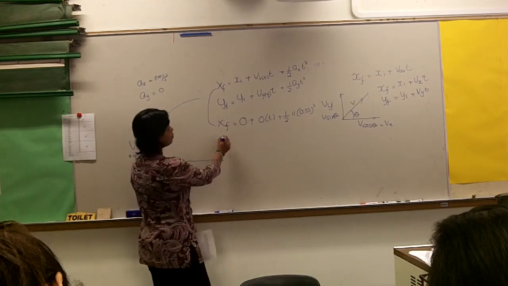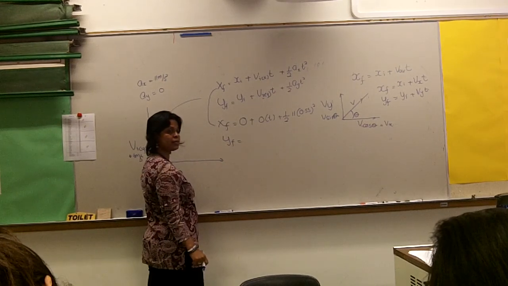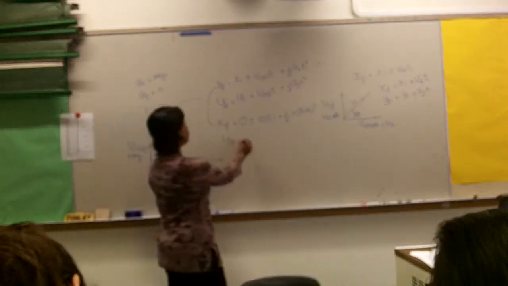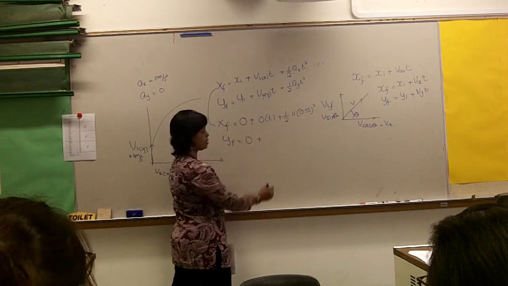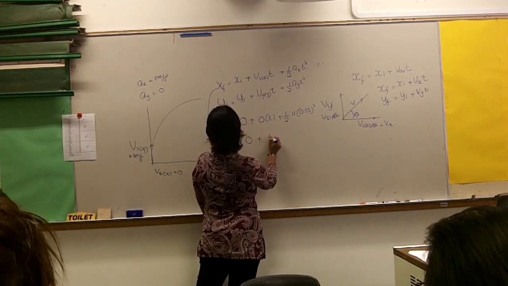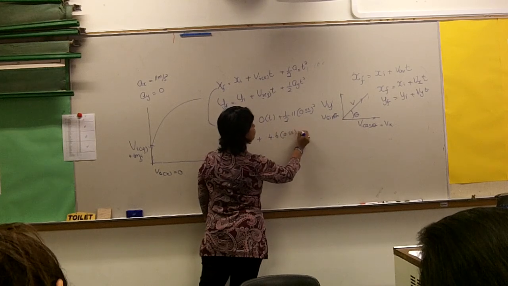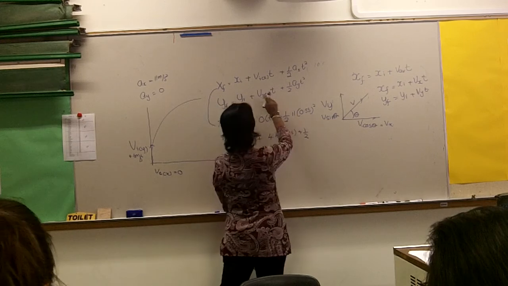Whatever value you get here. Then after that, yf: what is initial y? 0. Do we have a velocity in the y direction? Yes, 4.6. T is 0.55. Do we have acceleration in the y direction? No, because our ay is 0.